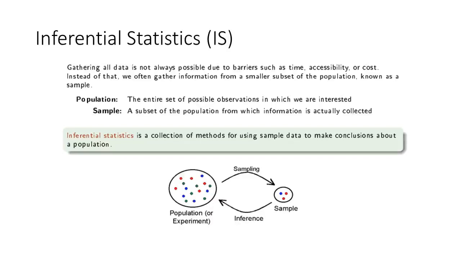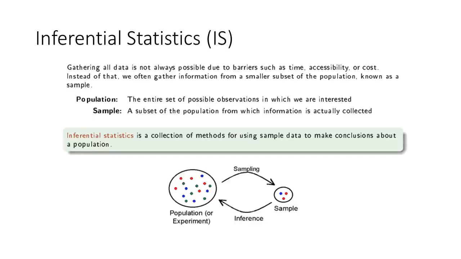So defining the difference between population and sample. Population is the entire set of possible observations in which we are interested, and sample is a subset of the population from which information is actually collected. So, bakit may tinatawag na inferential statistics?